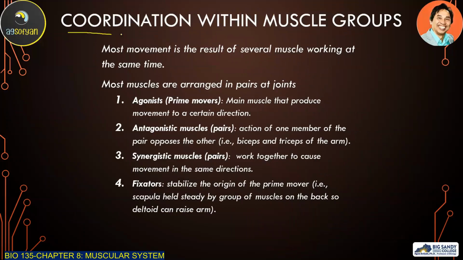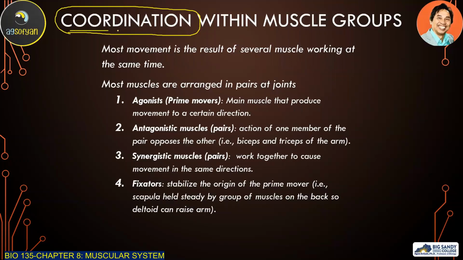So some muscles also perform coordination. When we move our body, sometimes it's not only one muscle contraction, sometimes it is more than one muscle contraction. Or even sometimes there are muscles that have to coordinate: when one muscle contracts, the other muscle should be relaxed.